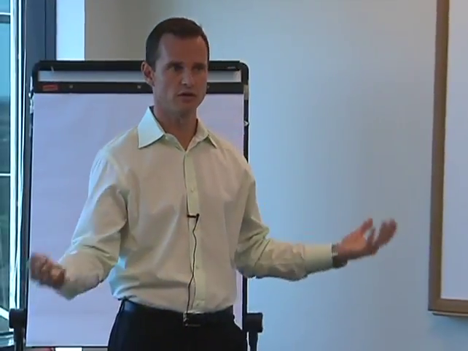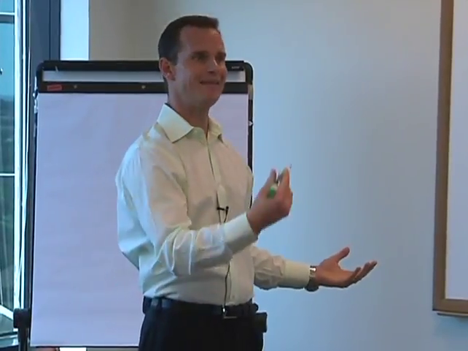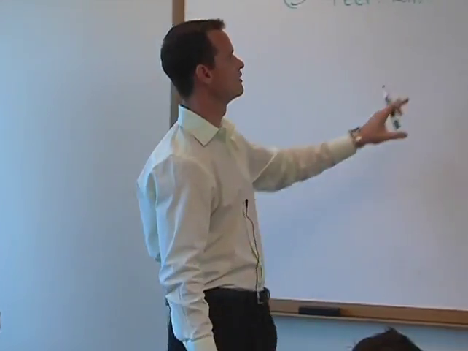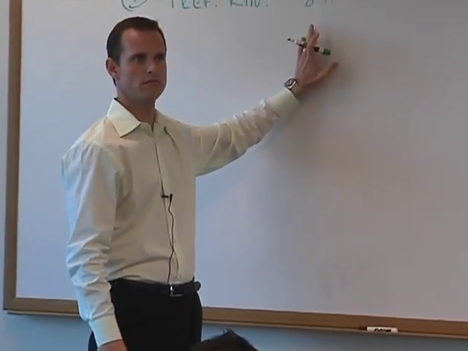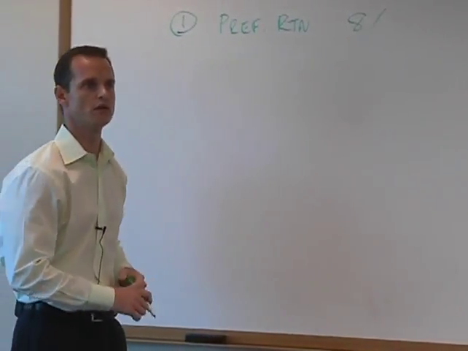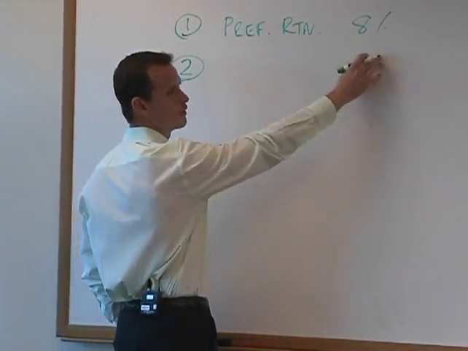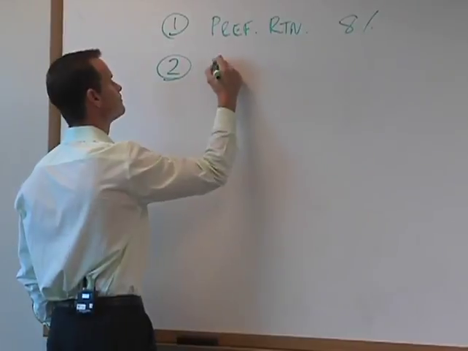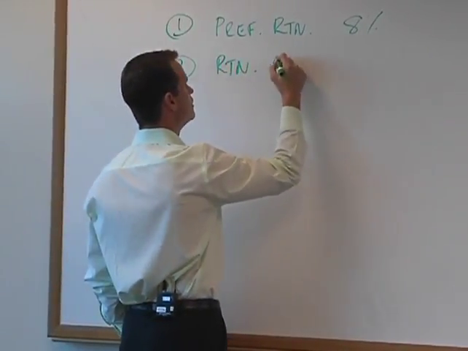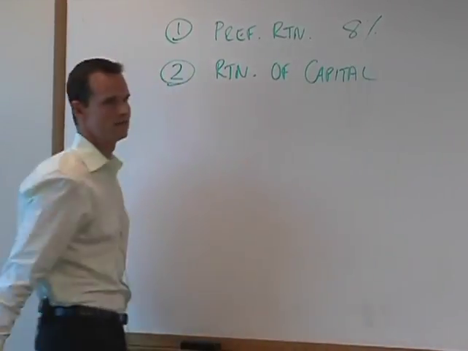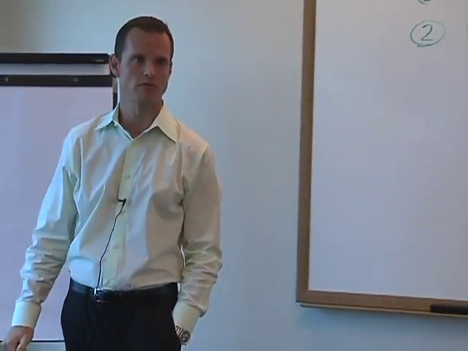So if we fully invest our $100 million fund, at the end of year one we should have a capital account balance of $108 million. So the first returns go to satisfy our pref. After the preferred return has been satisfied, usually the initial investment gets returned, the return of capital.